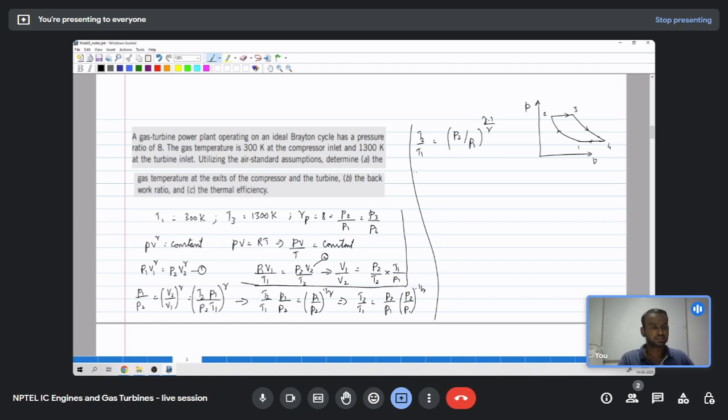So I think this expression generally we will remember. It is better to remember instead of deriving, but I used to derive when I don't remember.